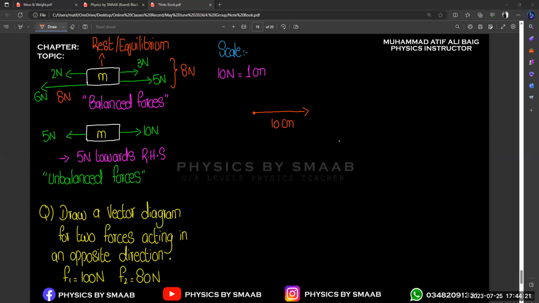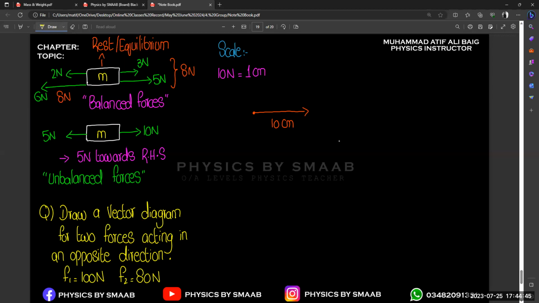Sir, on the forces, if there is no negative sign, how do we know which one is left and which one is right? Yes, in this question it is not mentioned, because my main purpose is to show how to scale the vector. But in a question, they specify with north, east, south, or they give a specific example, or there is a picture diagram given.